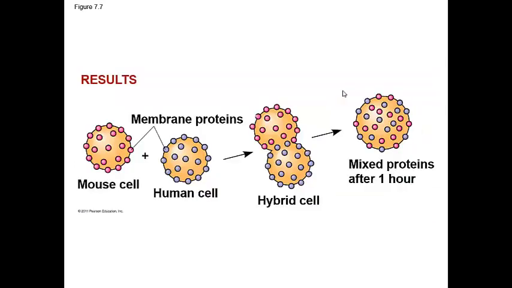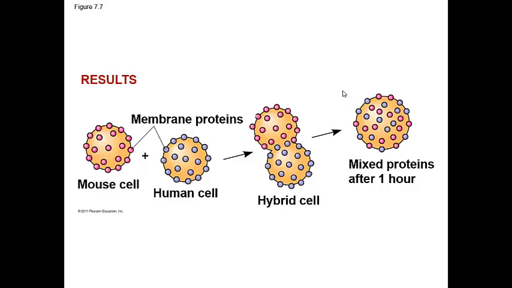The proteins are also not locked into place. They're constantly drifting around as well. Here you see an experiment that shows this to be true. What they did was they fused two cells together, a human cell and a mouse cell, and you can see that the proteins are labeled with different colors.